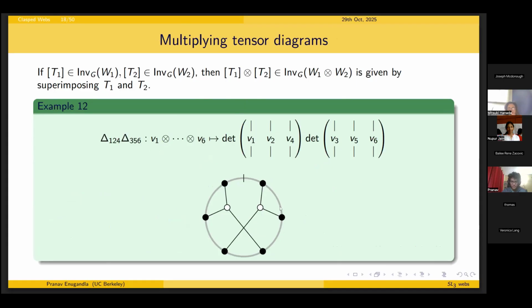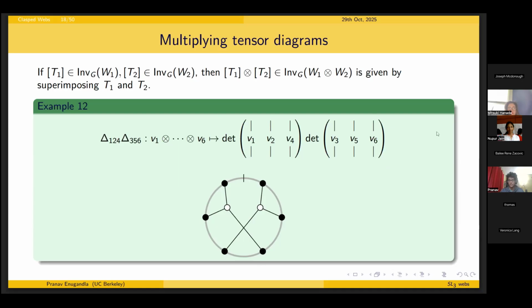So I have two copies of this determinant looking thing where I take the first, second, and fourth vertex. The three of those form a determinant picture. So that's this first determinant, and the third, fifth, and sixth vertices form another determinant, and I'm just multiplying both these determinants. So this gives me an invariant of this six-fold tensor power of V.